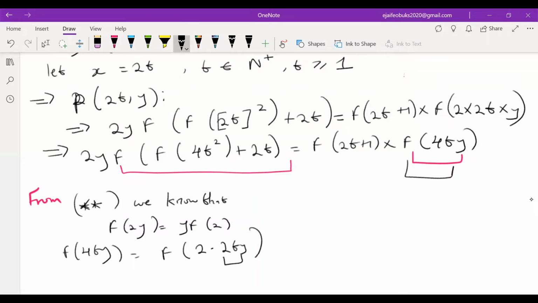And since this is even, using this, I can write this as 2ty f of 2, this bracket here.